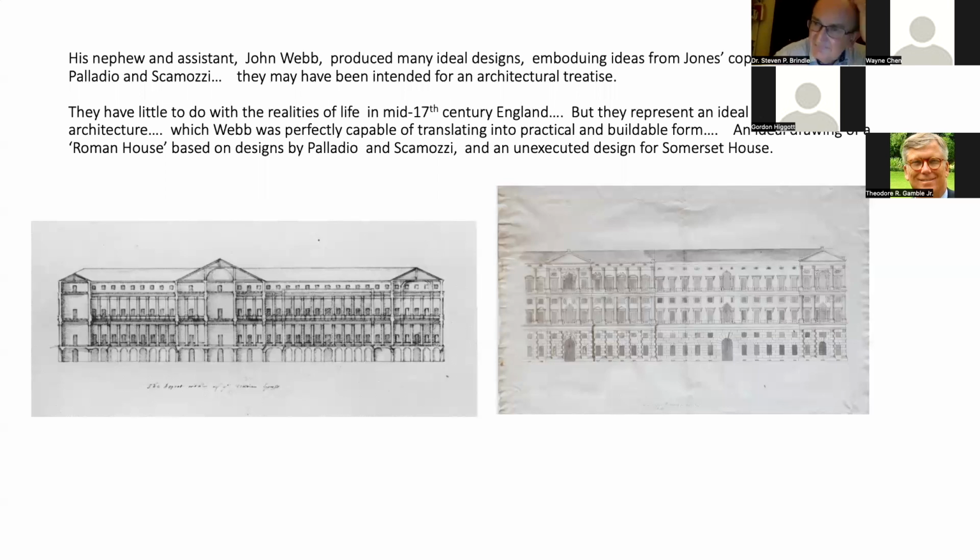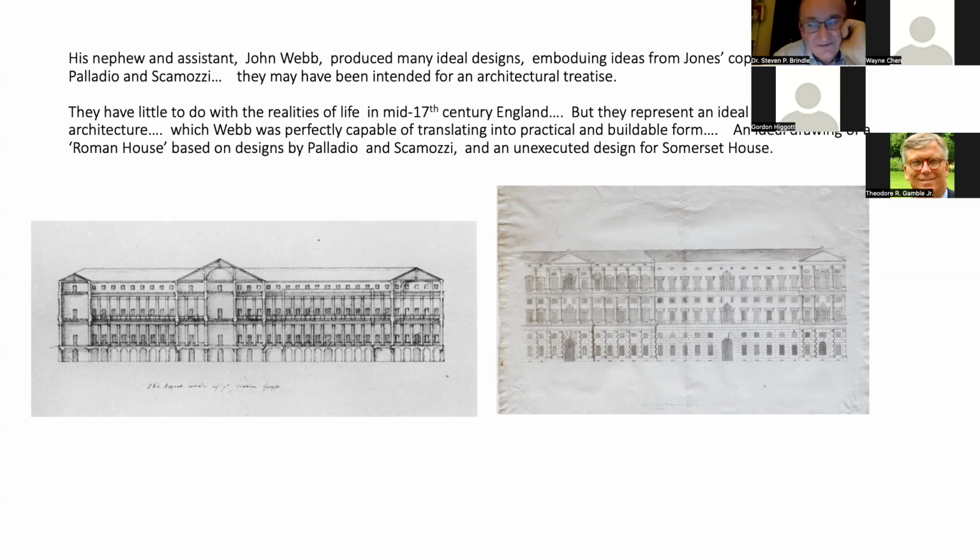Jones was a frantically busy man, the King's Surveyor of Works, constantly having to design entertainments and things for the court, redecorate things, maintain the royal palaces, and his buildings tend to be relatively small, the executed ones, except for his recasing of St. Paul's Cathedral.